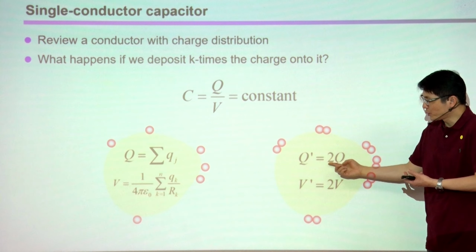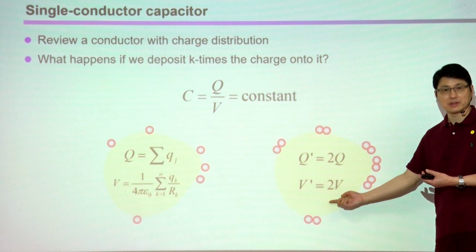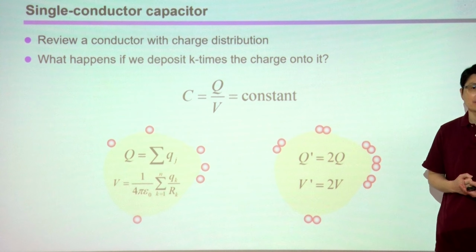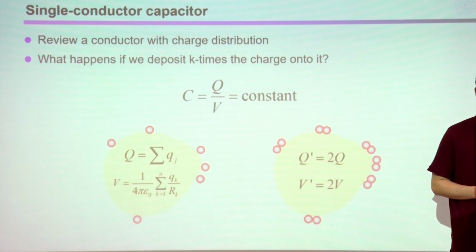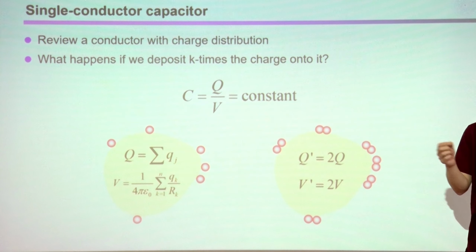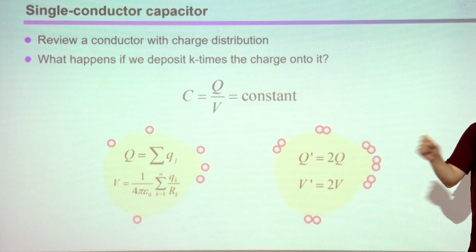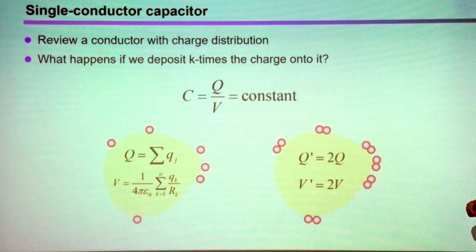Because whenever you increase the amount of charge, it increases the voltage as well. Okay? So the capacitance value is only a character of the material and geometry. Once it's decided, it's done. Right?